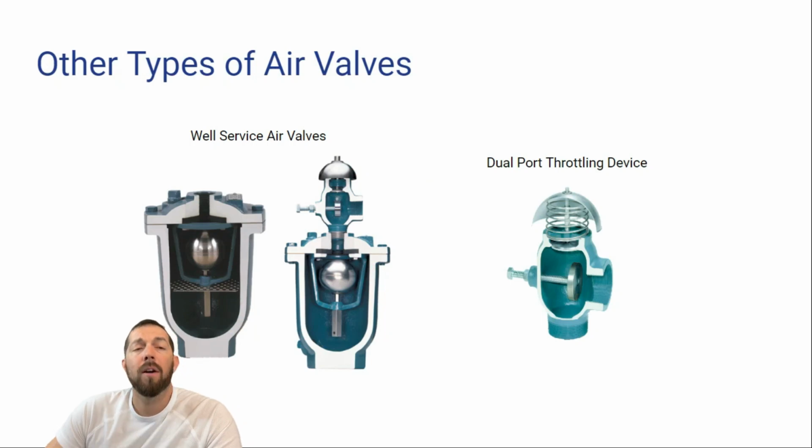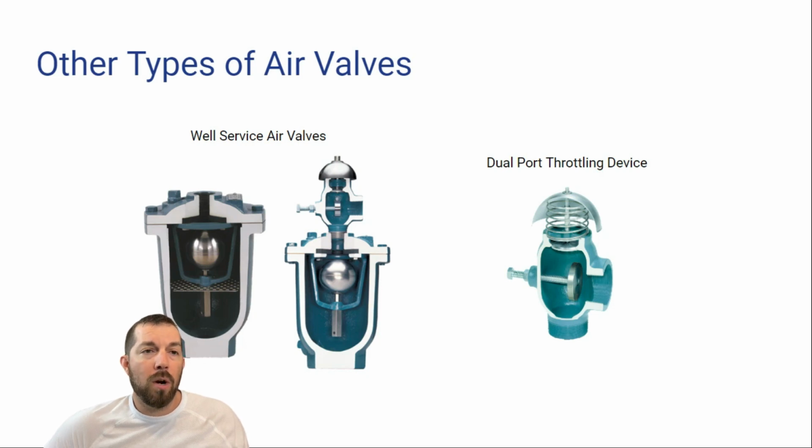So other types of air valves also on the municipal side of things. What we're looking at here is more than likely on the potable water side of things, or maybe the reclaimed water. If we have a well system, we have a well service air valve offering that is in the market as well. There's two flavors we can see here in the diagram. The one on the left, we have a diffuser screen inside of the air valve.